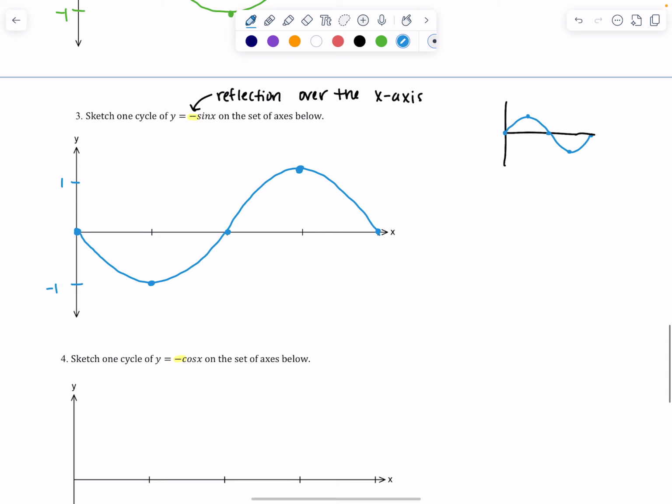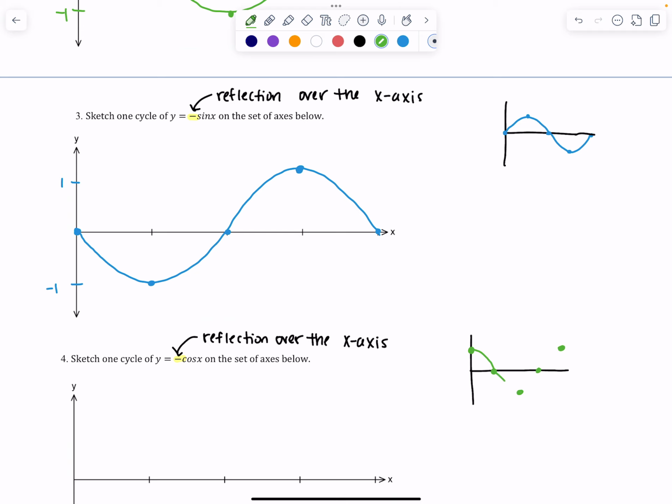And then if we know that this is also going to be a reflection over the x-axis for cosine, just remind ourselves here, cosine will start at the max, go to the middle, then to the min, then to the middle, then to the max.